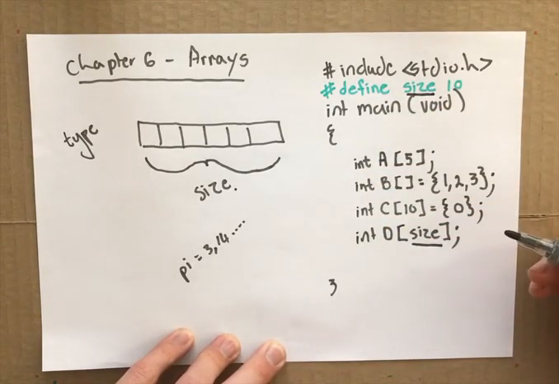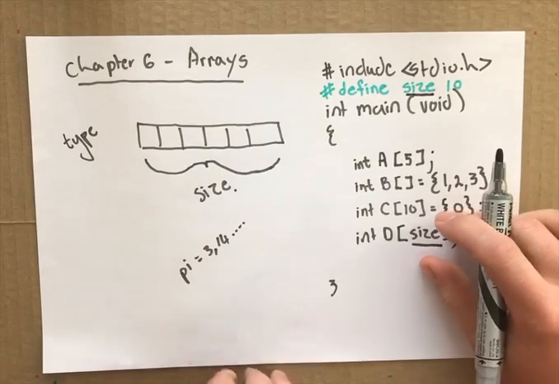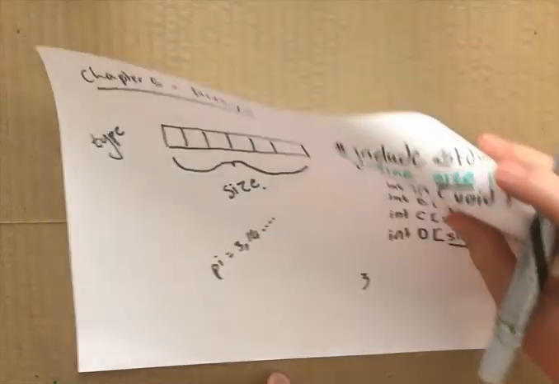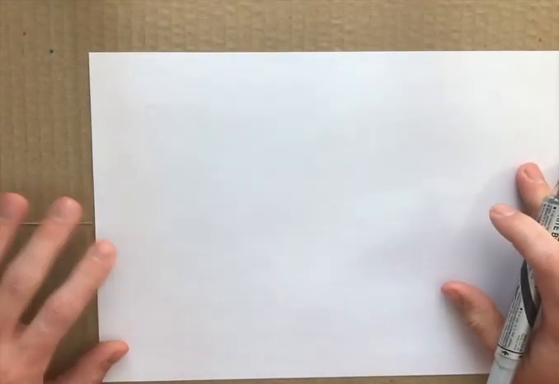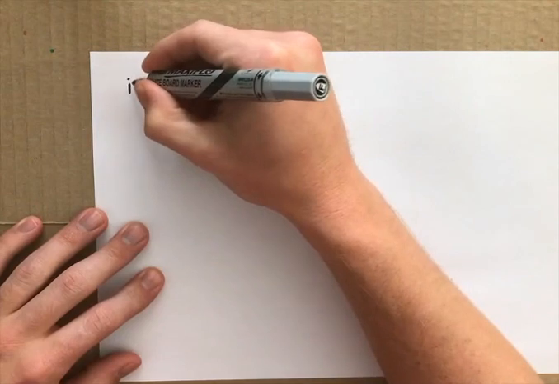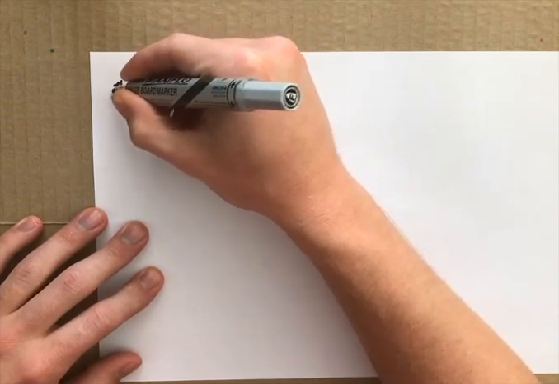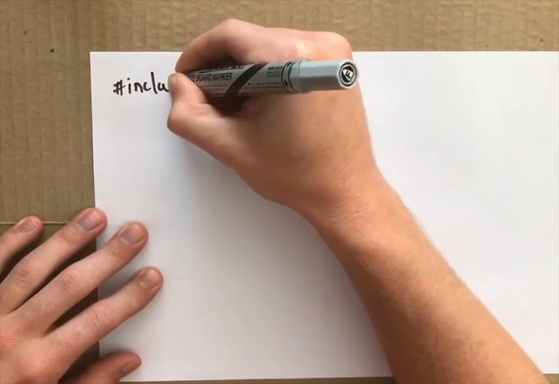Okay, so let's quickly just do an example. Let's say, for instance, we have our program here.